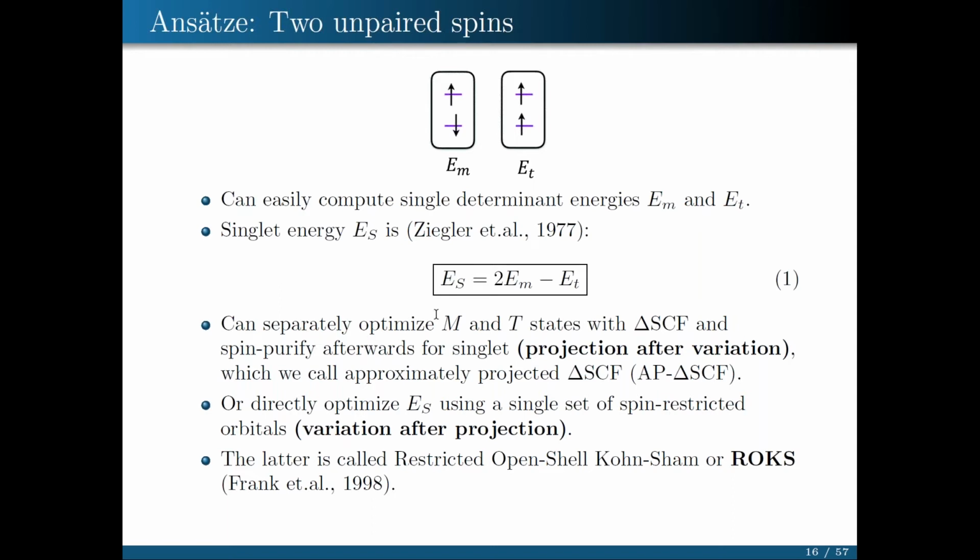An alternative route would be to have one set of orbitals instead of separately optimizing states, and use that one set of spin restricted orbitals to optimize E_S. This would be sort of a variation after projection method and is called restricted open shell Kohn-Sham, or ROKS, first used in DFT by Frank et al. in 1998, although references with Hartree-Fock date back earlier into the 60s.